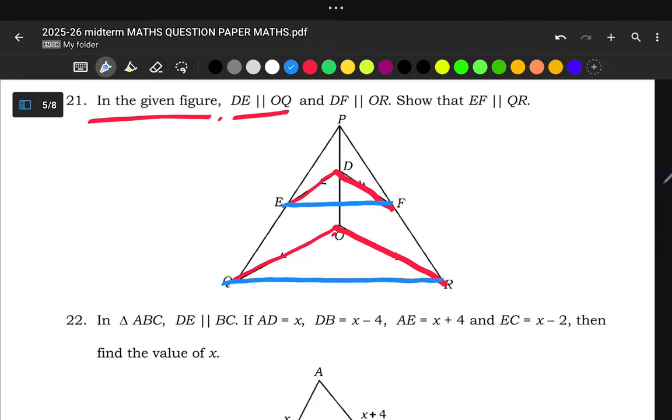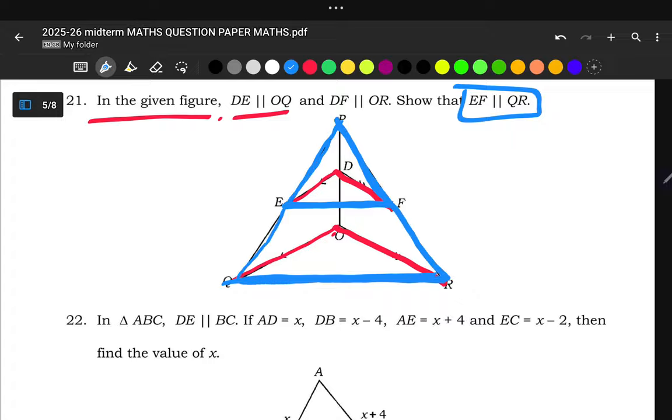So look here. To prove EF parallel to QR: EF is a side from the intercepted triangle PEF, and the side QR is from the original triangle PQR.